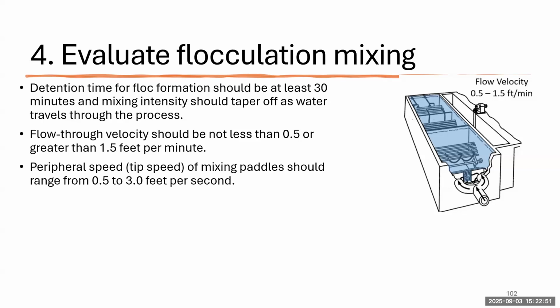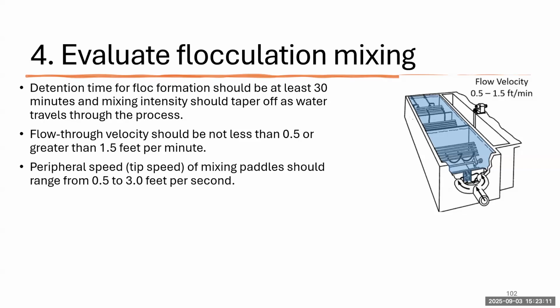And the peripheral speed of the mixing paddles, and this is actually the tip speed. If you looked at the outside of a spinning propeller or a mixing paddle, the outside is going faster than the inside. That speed should range from about 0.5 feet per second to about 3 feet per second.